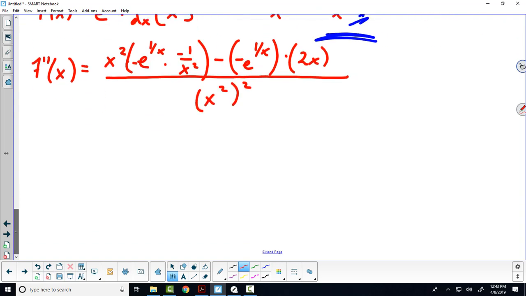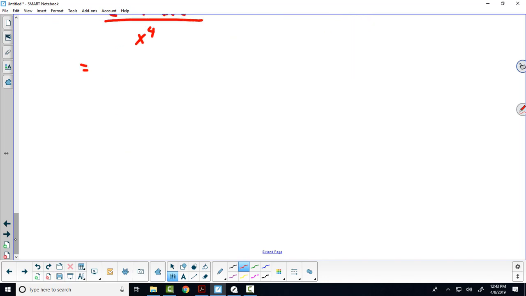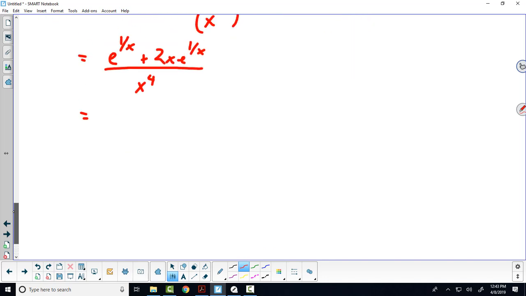This looks like a mess, but it actually cleans up pretty nicely. We end up with e to the 1 over x plus 2x e to the 1 over x all over x to the 4th, or we could put that into factored form as e to the 1 over x times 1 plus 2x.